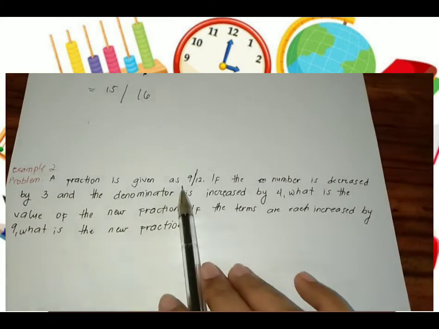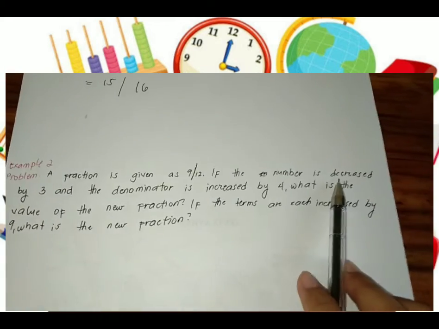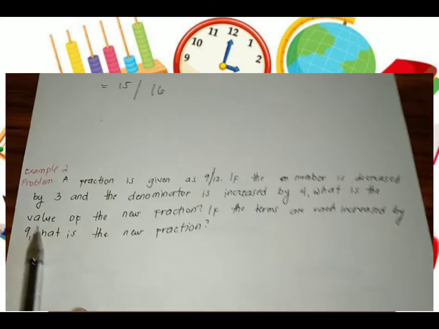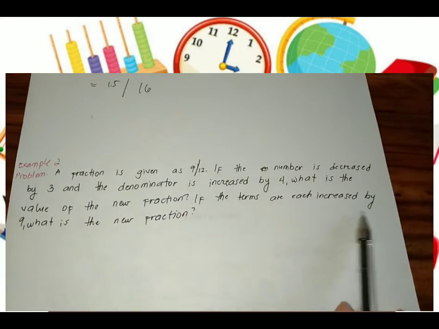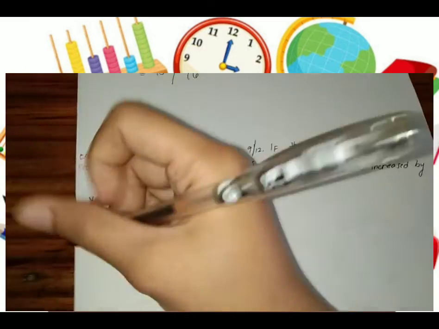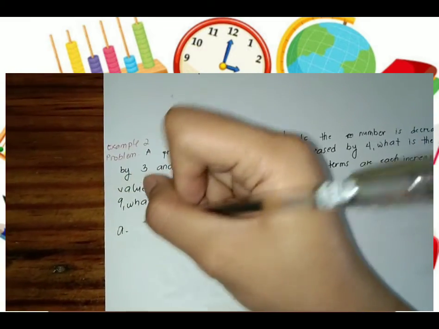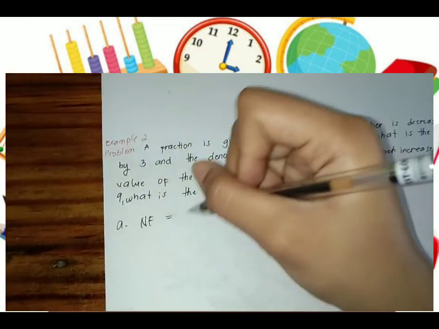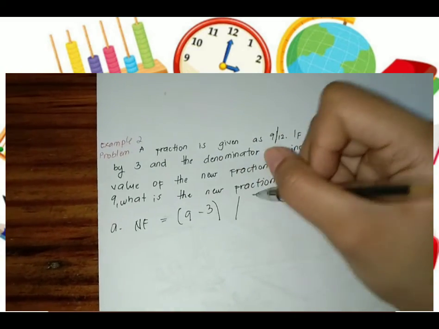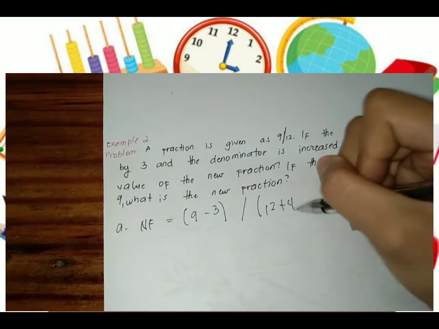Now we are going to move on to our example number 2. If the fraction is given as 9 over 12, if the numerator is decreased by 3 and the denominator is increased by 4, what is the value of the fraction? If the terms are each increased by 9, what is the new fraction? So we have A, the new fraction is equal to quantity 9 minus 3 divided by quantity 12 plus 4.